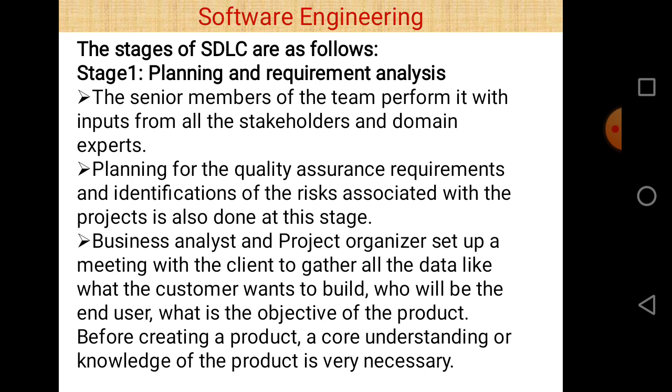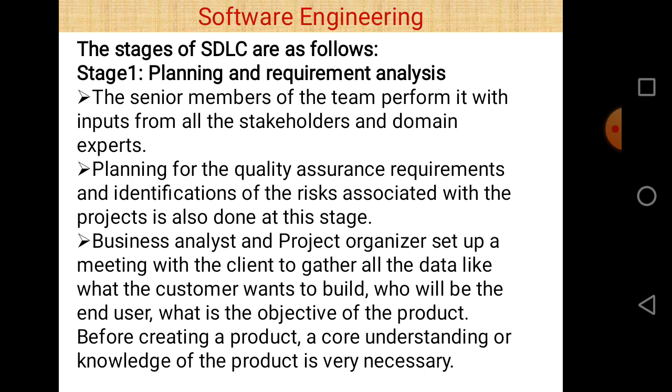And second is technical feasibility. If a particular type of software can be designed on a particular technology, we can say Java or .NET framework, and the customer wants it on Python, then we can say that it is not technically feasible.